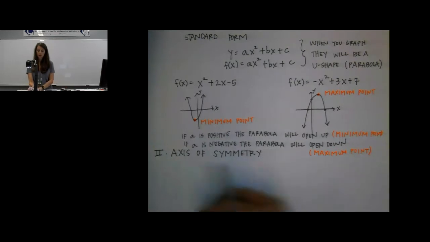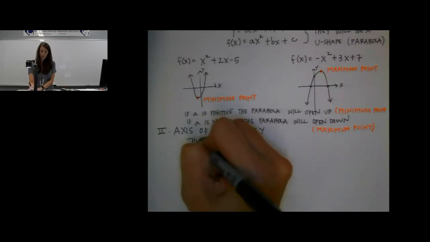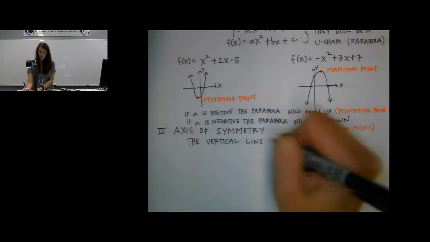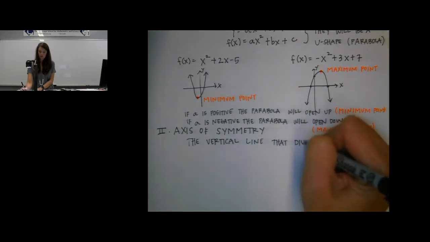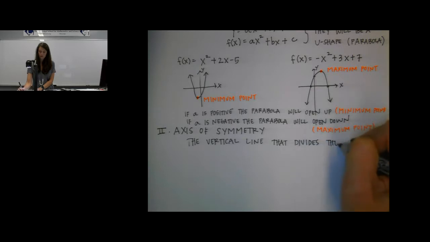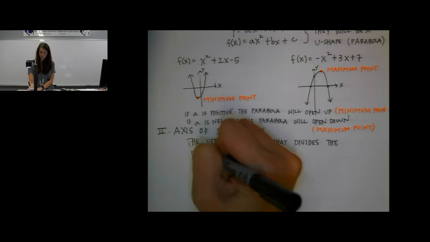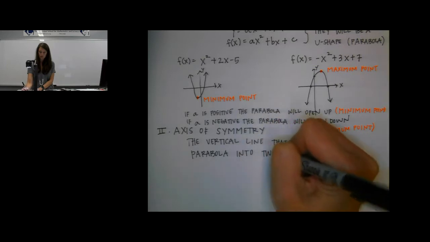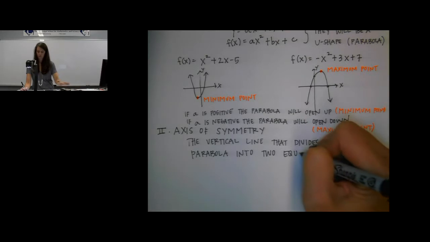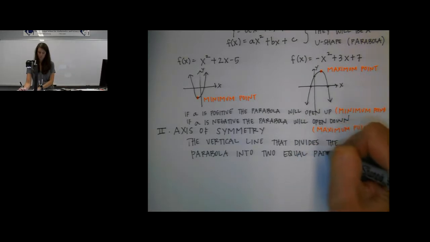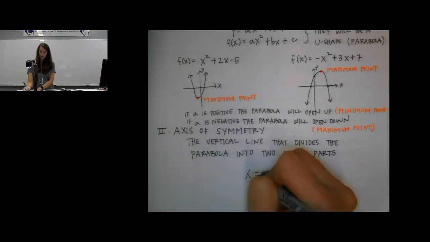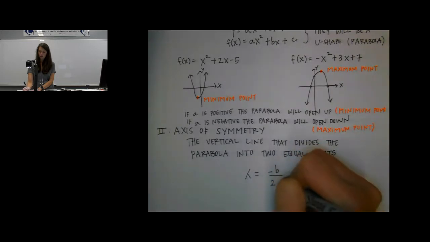So an axis of symmetry is the vertical line that divides the parabola into two equal parts.